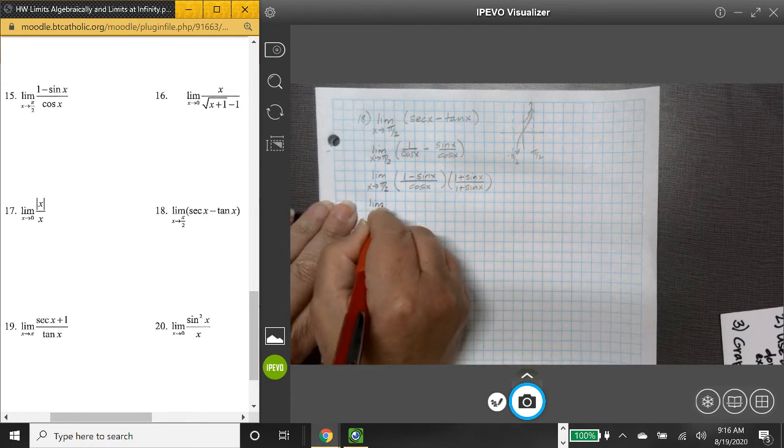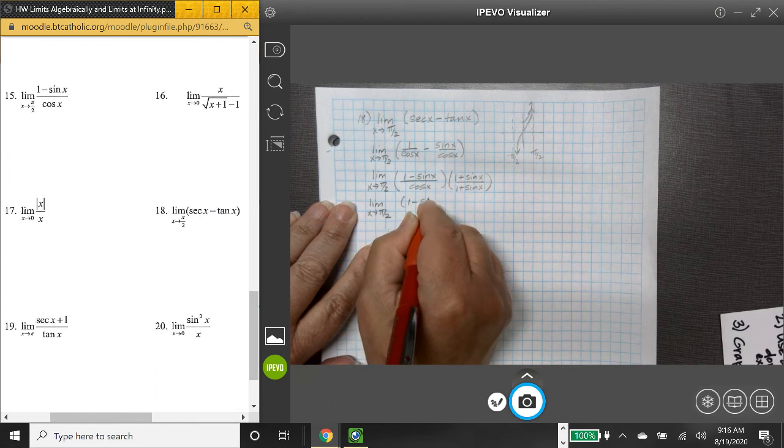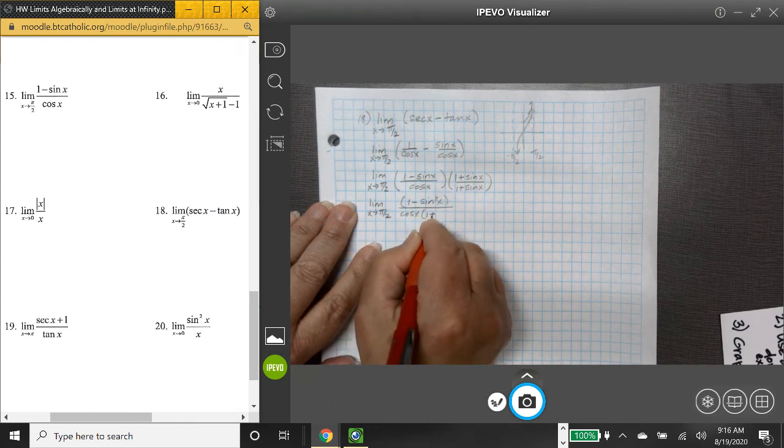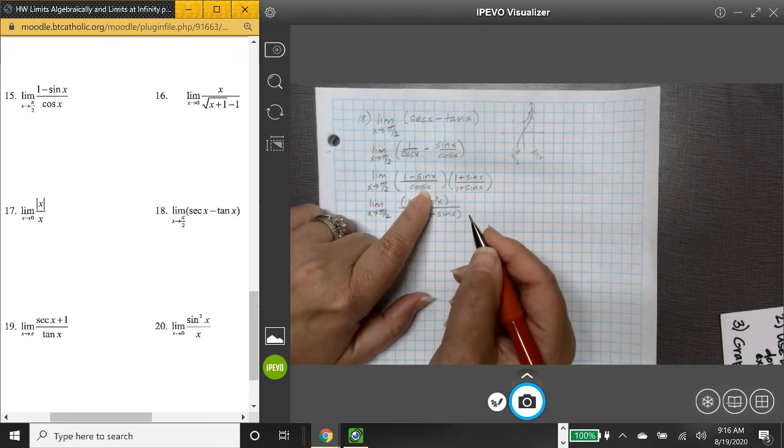And we got the limit as x approaches pi over 2 of 1 minus sine squared x over cosine x times 1 plus sine x. We couldn't plug in pi over 2 because it would give us a 0 in the denominator.